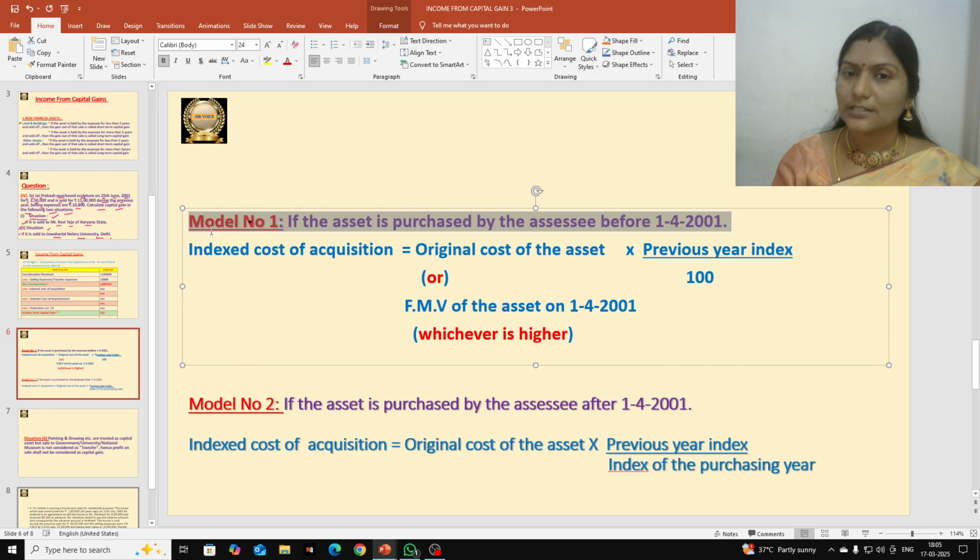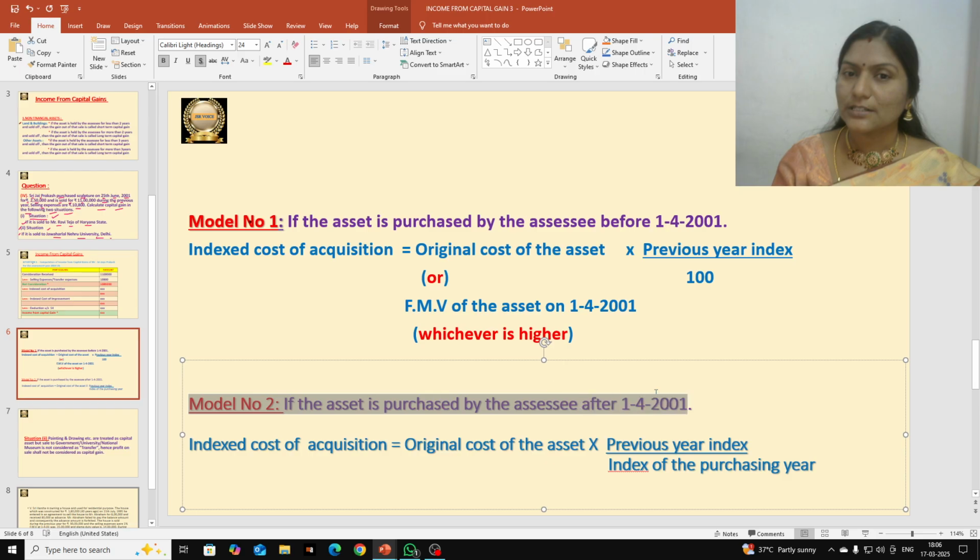So we can't take this formula. If any assessee is purchasing any asset before 1-4-2001, then we can take model 1. Now we are not going to take model 1, students. And what is model 2? If the asset is purchased by the assessee after 1-4-2001. Now he purchased that asset in June 2001, means after 1st April 2001, so we can take the second model.